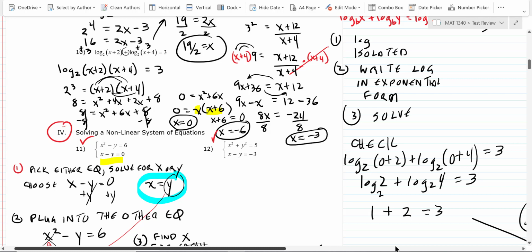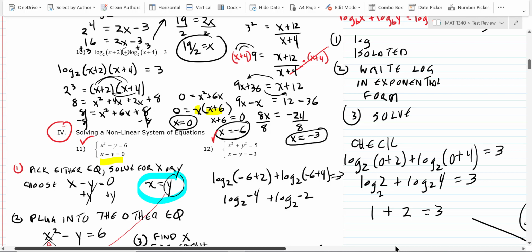But look what happens when I plug the negative 6 in. Going back to the original problem, you'd have log base 2 of (negative 6 plus 2) plus log base 2 of (negative 6 plus 4) equals 3. You would end up having log base 2 of negative 4 plus log base 2 of negative 2.